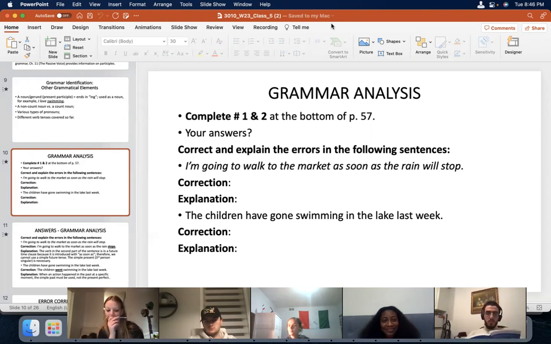Okay, can you explain? Because we have the keyword last week, so the verb tense has to be in past simple. Simple past. Okay.